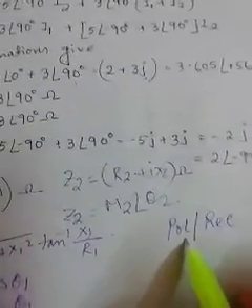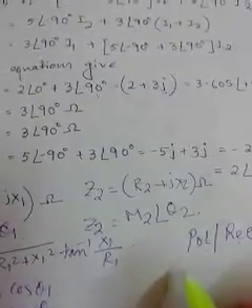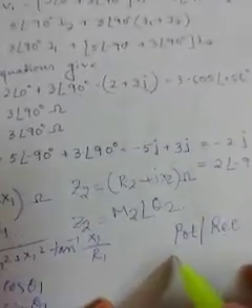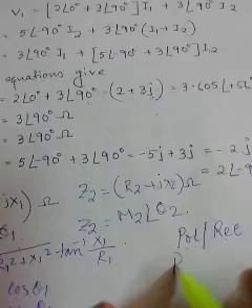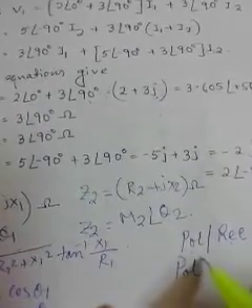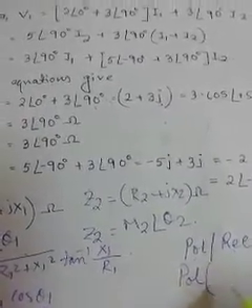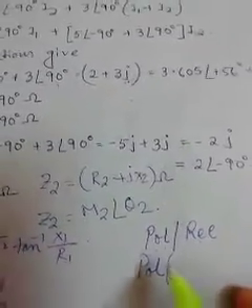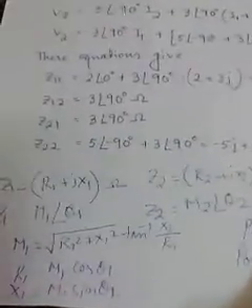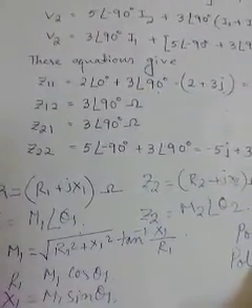If we want to convert a quantity from rectangular to polar, you have to use the function pole in your calculator, and you can see one first bracket will automatically be opened. Within this bracket you have to give, say for example, this value of z1 we want to convert to its corresponding m1 theta 1.